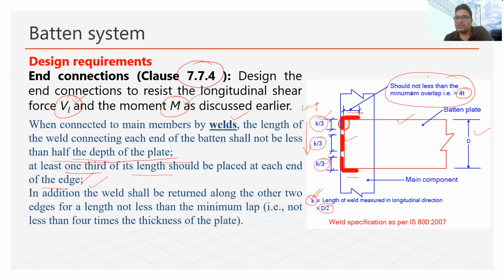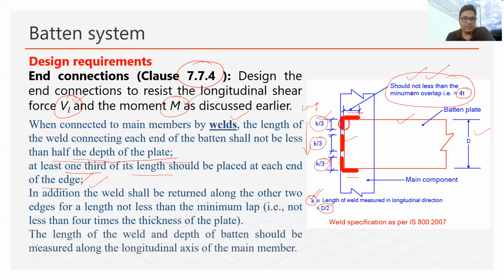So the same thing IS code has suggested, and based on that suggestion, I have made this diagram, and that is how we have to follow. And the same point that I have discussed, the length of weld and depth of the batten should be measured along the longitudinal axis.